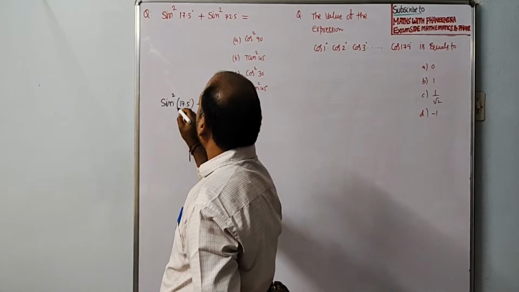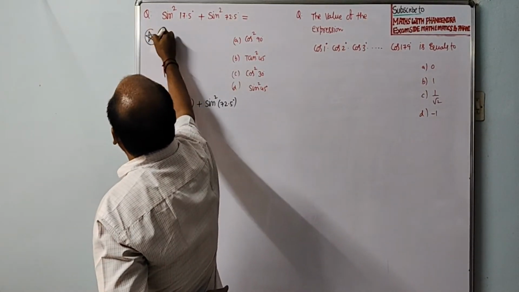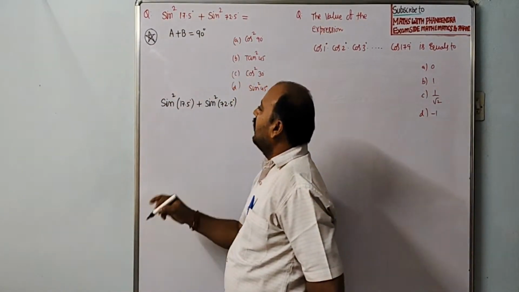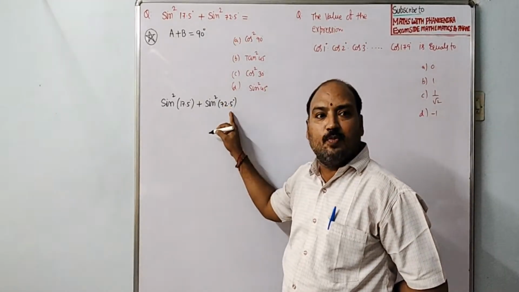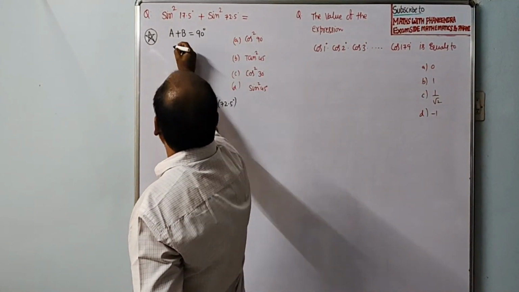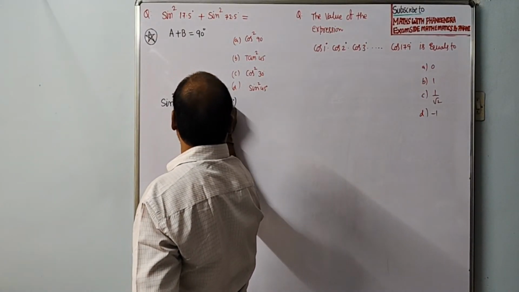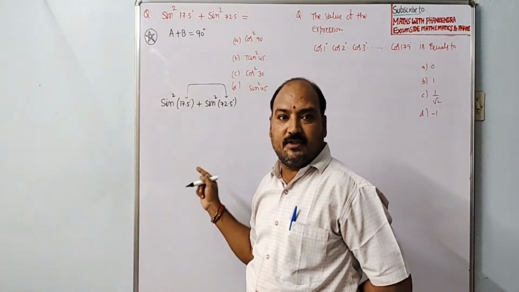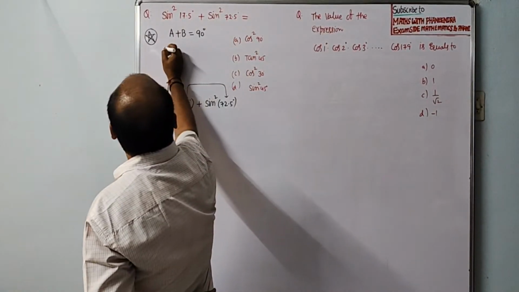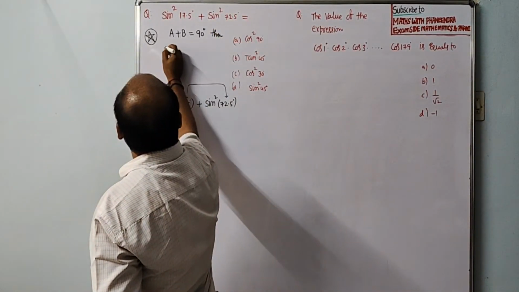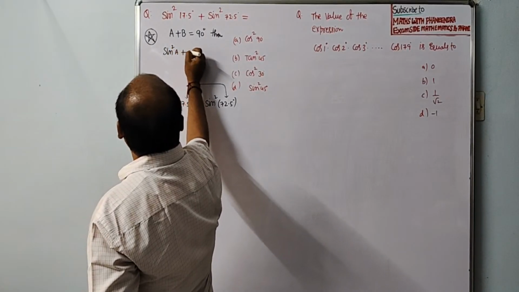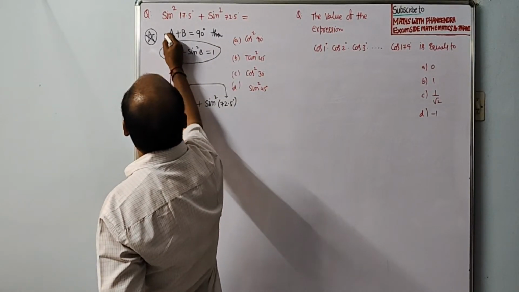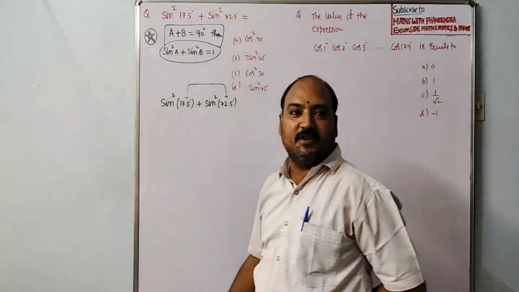It is looking like A plus B is equal to 90 degrees. 17.5 plus 72.5, is the sum of these two equal to 90 or not? Whenever the sum of these two is equal to 90 degrees, then sin square A plus sin square B is equal to 1. You have to know this information. This is the shortcut formula, dear students.